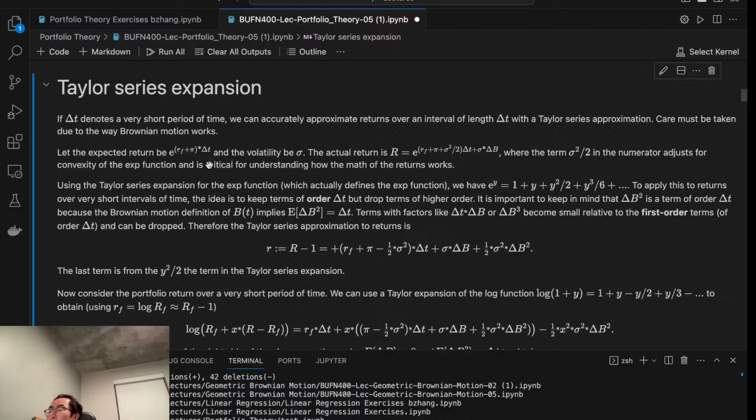Similarly, Brownian motion. Exponentiate it. This is the expectation times sigma squared.